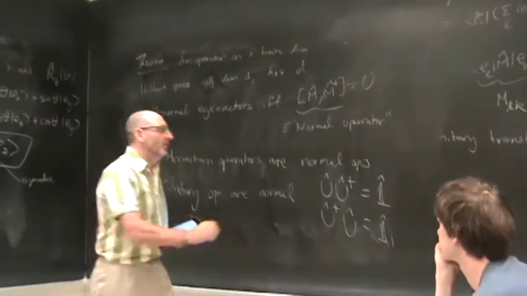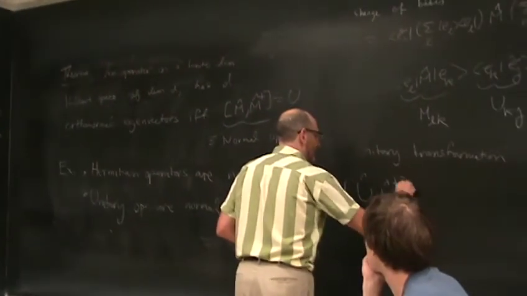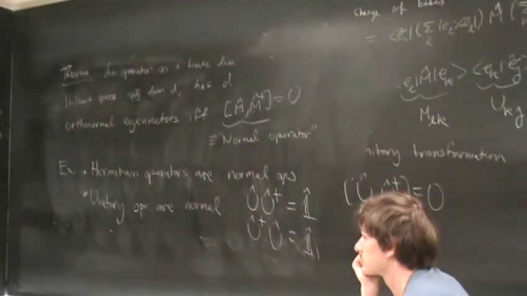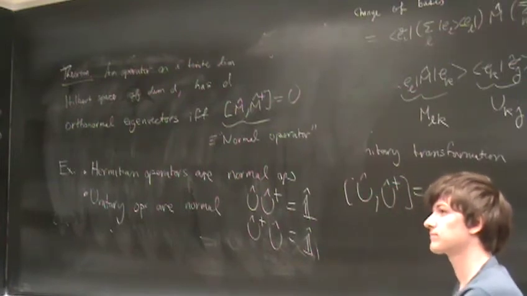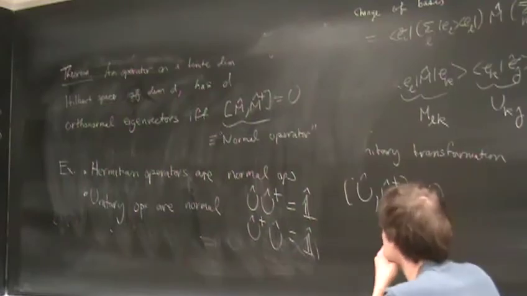Right? So the commutator of U with its adjoint is 0. U commutes with its adjoint. It's not equal to its adjoint, generally, but it commutes with it.